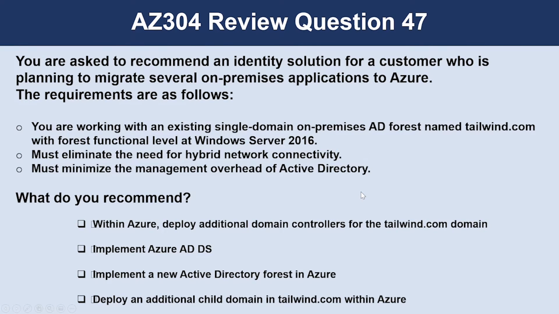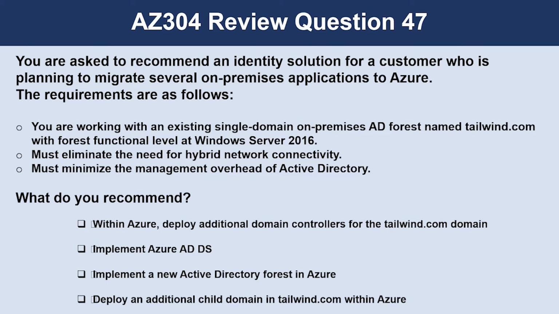Question number 47. You are asked to recommend an identity solution for a customer who is planning to migrate several on-premises applications to Azure. The requirements are as follows. You are working with an existing single domain on-premises AD Forest named tailwind.com with Forest functional level at Windows Server 2016.